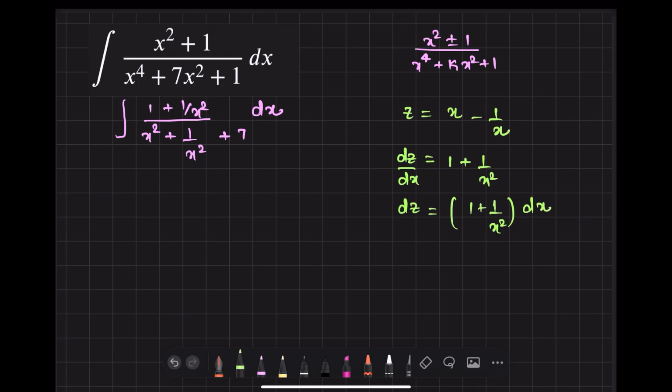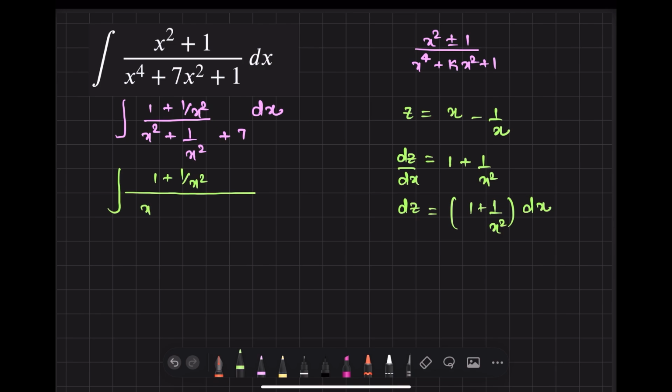Now look at this. Now replace the entity. You don't have any problem with the numerator. You have already simplified that thing. Now you have to convert x square plus 1 by x square into x minus 1 by x, correct?